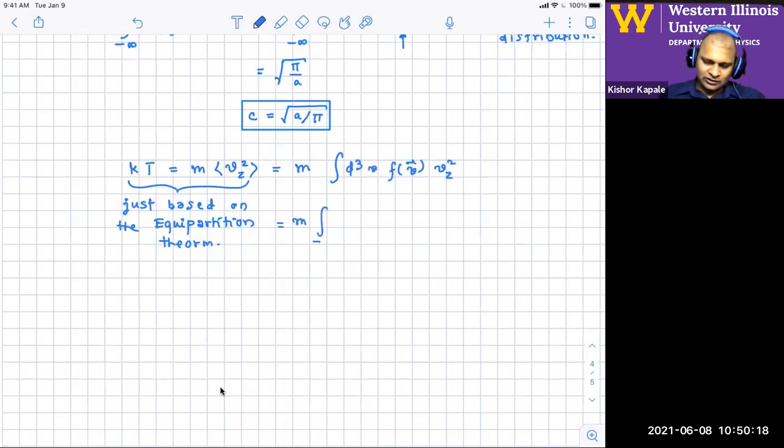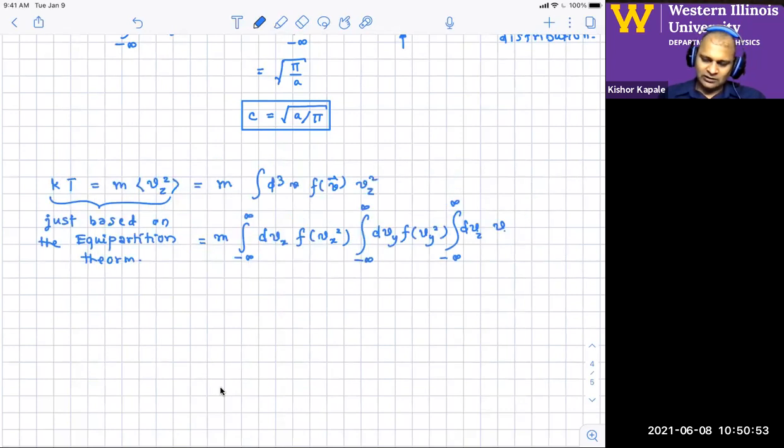So just separate out the x, y, and z components: vx squared, integral from minus infinity to infinity dvy f of vy squared, integral from minus infinity to infinity dvz vz squared f of vz squared.